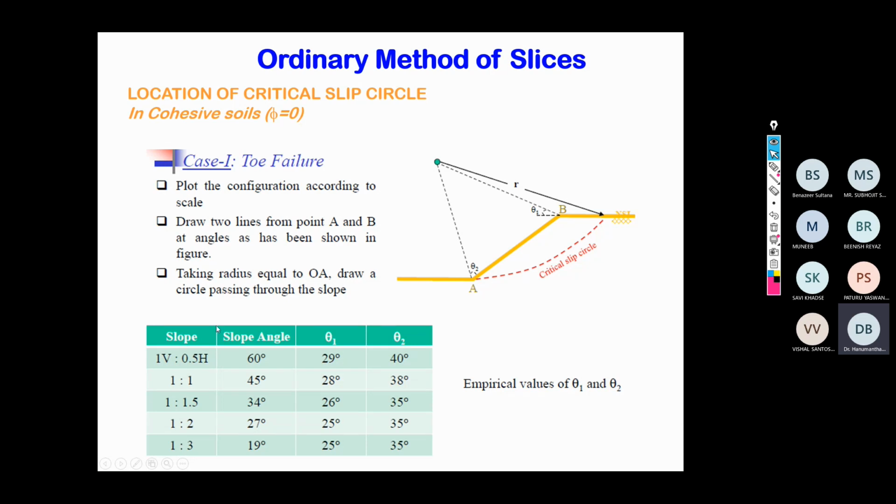The equivalent slope angle beta is 60, 45, 34, 27, 19 as shown here. Corresponding to this, the possible values of theta 1 and theta 2 are given here. But these are only tentative values; they may or may not happen exactly at that point.